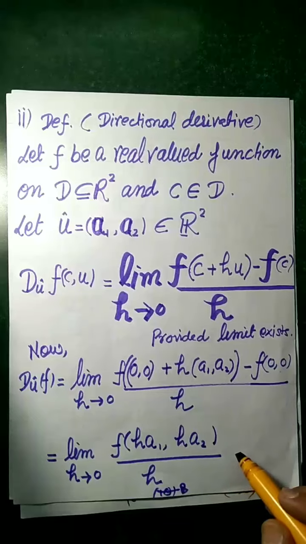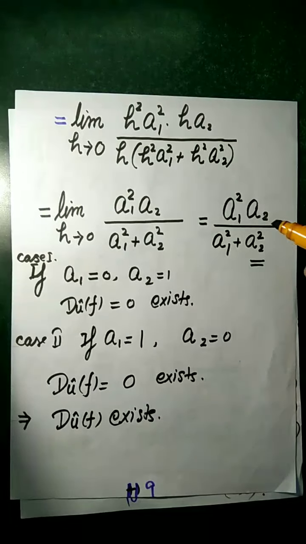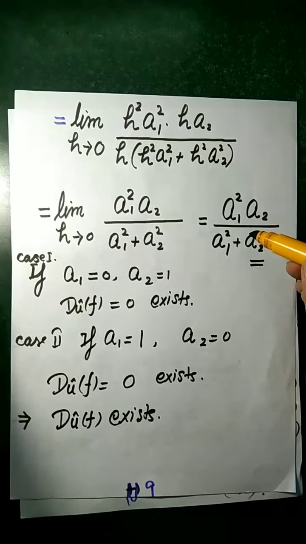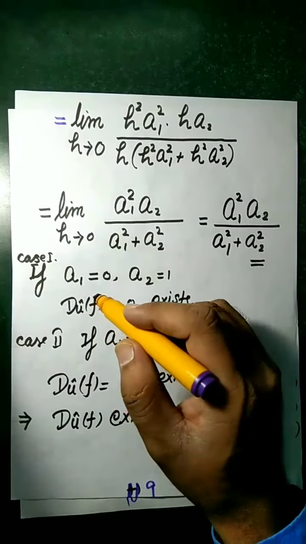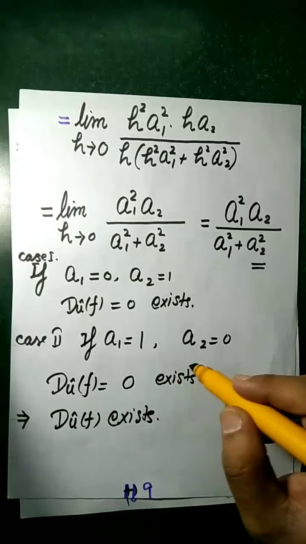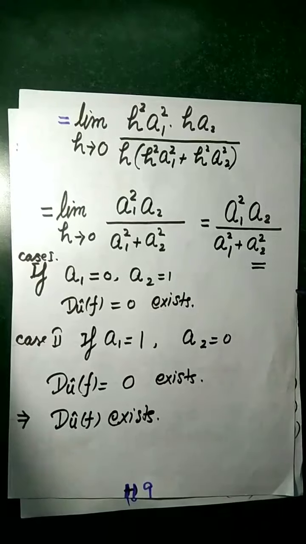The calculation gives us this. After simplification, we obtain e1 squared upon e2. Now here we have two cases. If e1 is 0 and e2 is 1, the limit exists. If e1 is 1 and e2 is 0, the limit exists. So we can say that directional derivatives exist in any direction of u.